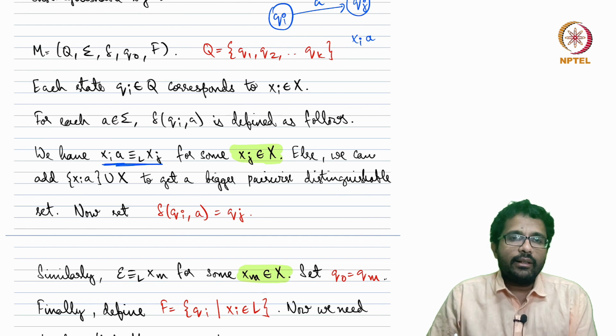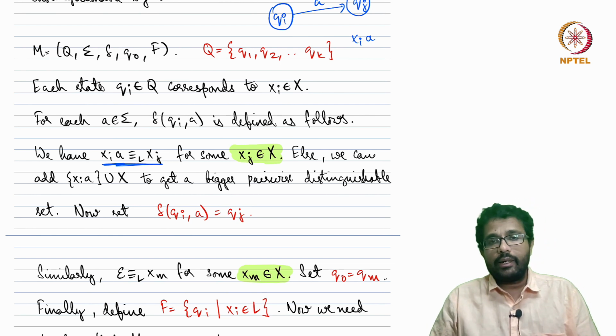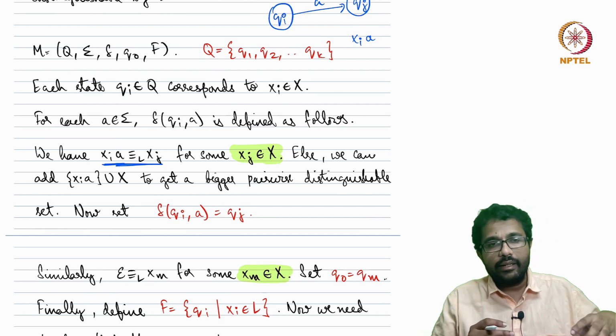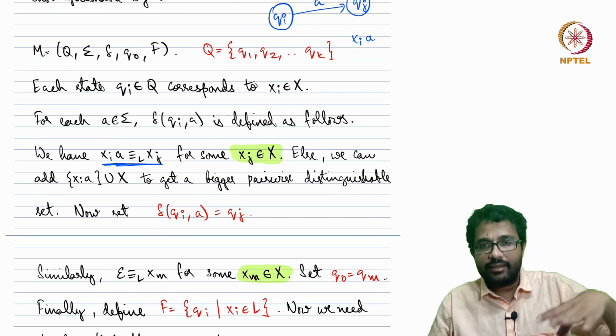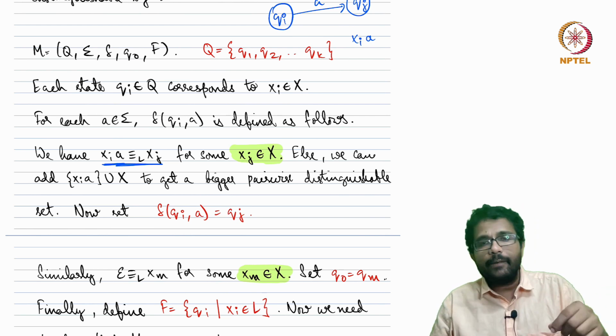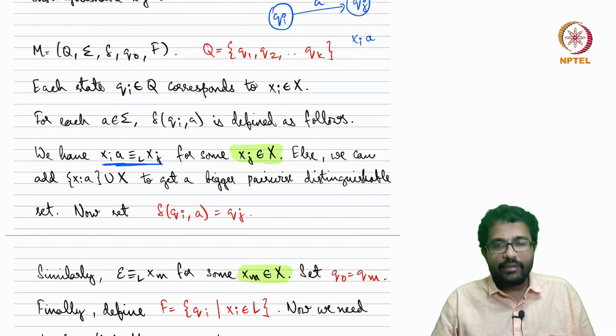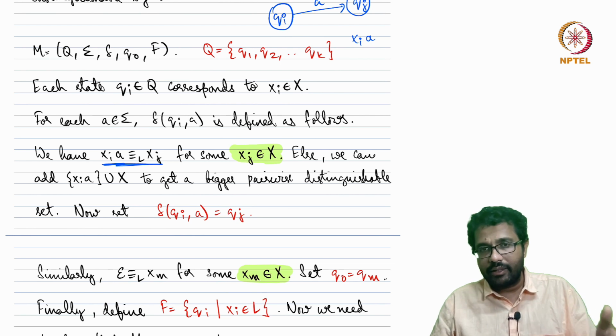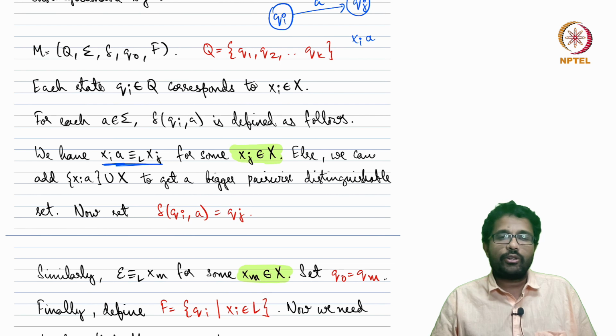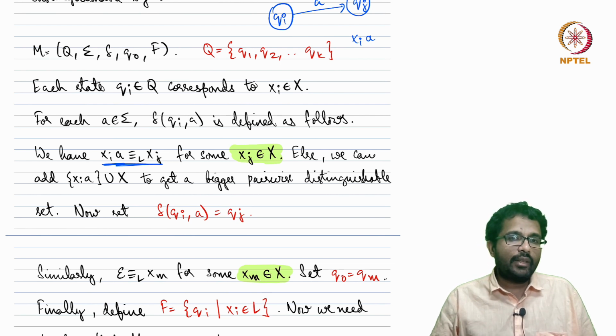Why does it have to be equivalent? Because if it is not equivalent, it is distinguishable from all the other strings in X. You can add the empty string to X and get a bigger pairwise distinguishable set, which is not possible. So the empty string had better be equivalent to some string already there in X. And suppose it is xm.